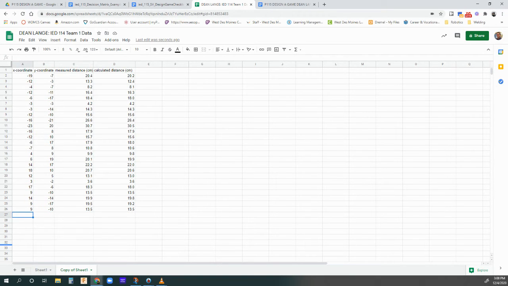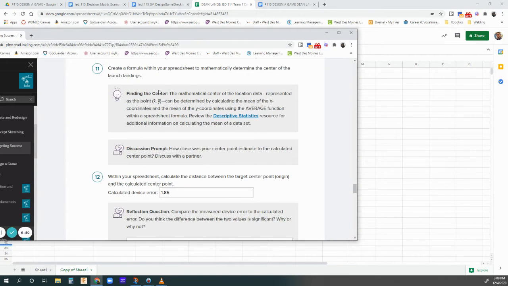So in the activity, under number 11 there, it says finding the center. The mathematical center of the data can be represented as the point X with a line over it, Y with a line over it. Well, what does that line over it mean? Well, that means that's the mean, okay, or the average of the X's and the average of the Y's.